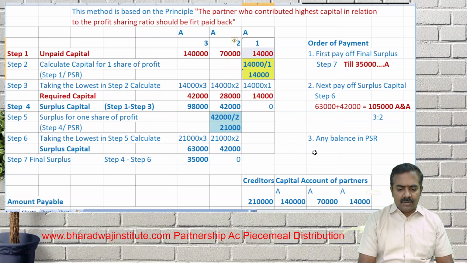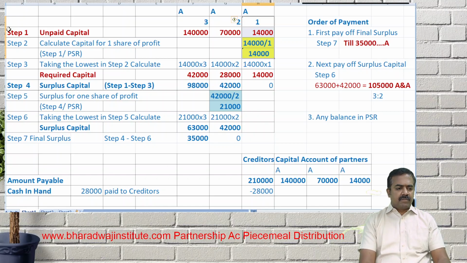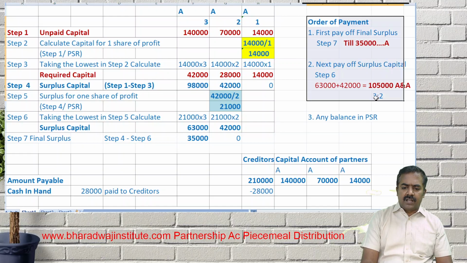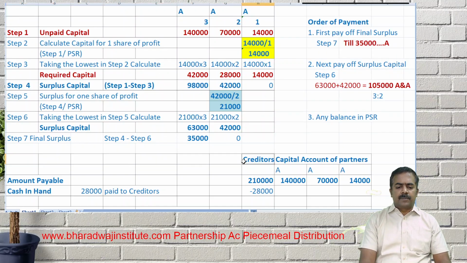Okay. Now, I request you to copy this. First copy this surplus calculation, then the order of payment, then we will see how it is paid to the partners.